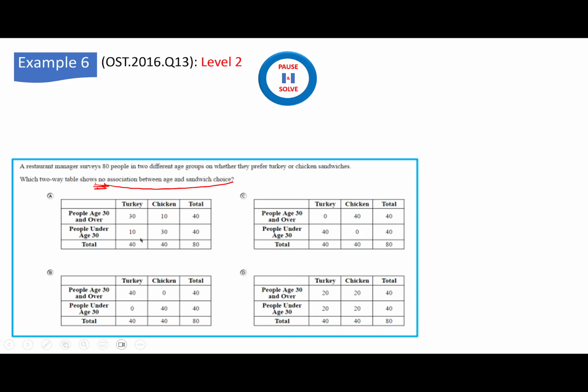Here, try to understand: people age 30 and over, they like 30 turkey, 10 chicken. People under 30, it's the other way around. So there's some association here between the age and the sandwich choice. So that's not a good answer, because I need no association.